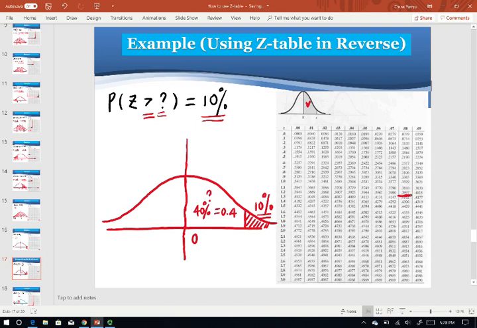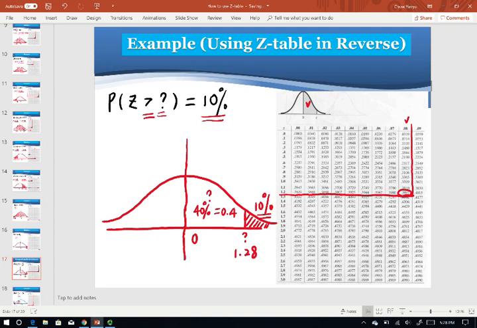So which row is it? It's 1.2. And the column will be 8. So this z-score is 1.28.